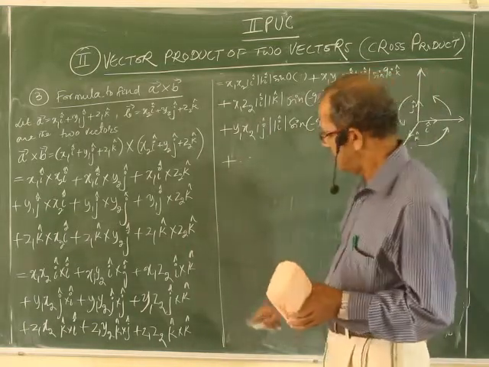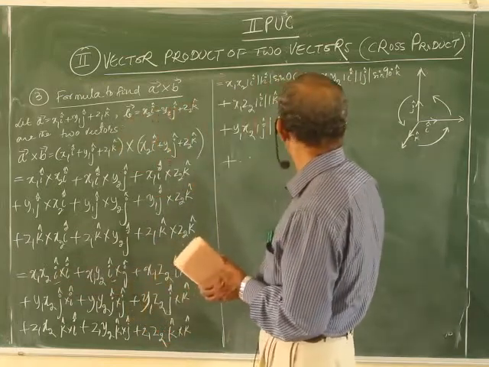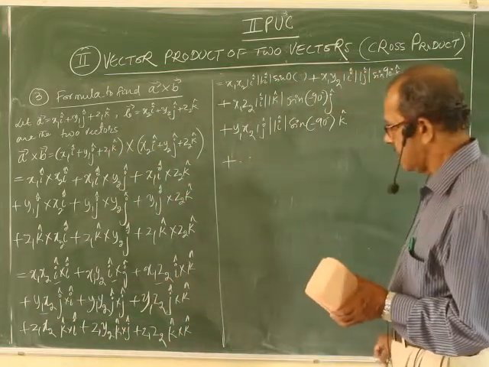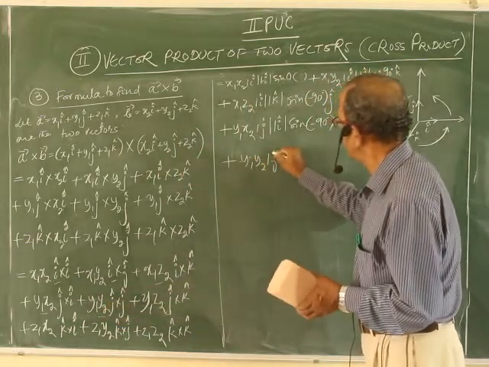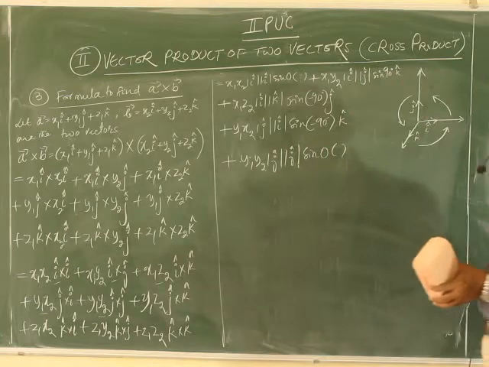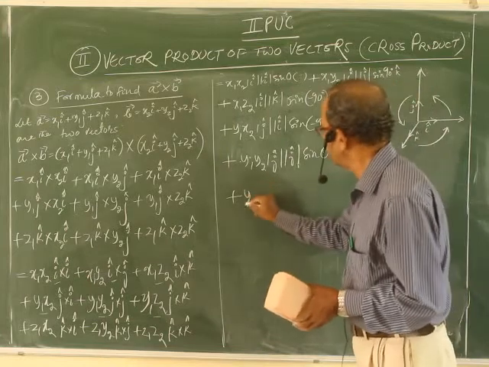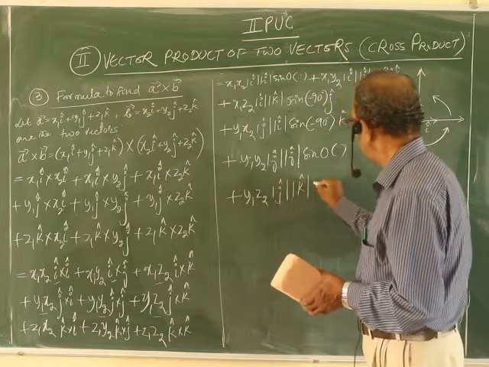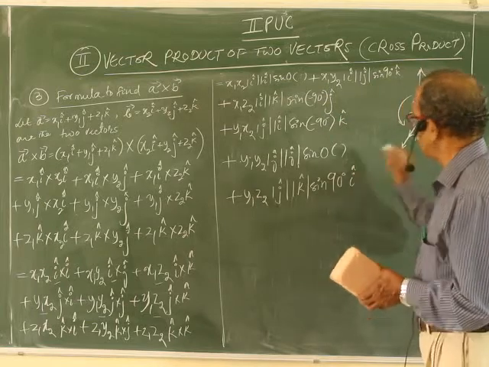Plus, which are the terms over, this one over, fourth one is also over. Next this one y1 y2 mod j sine 0. Plus this one y1 z2 mod j mod k sine of j to k 90 degree. Unit vector is i cap.